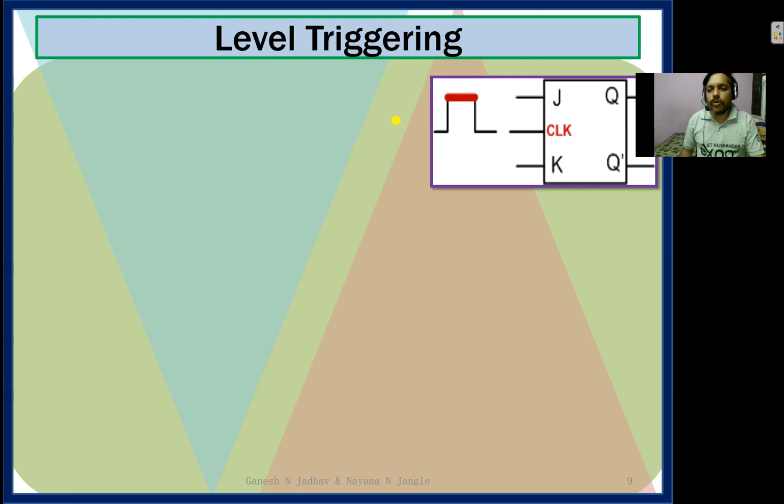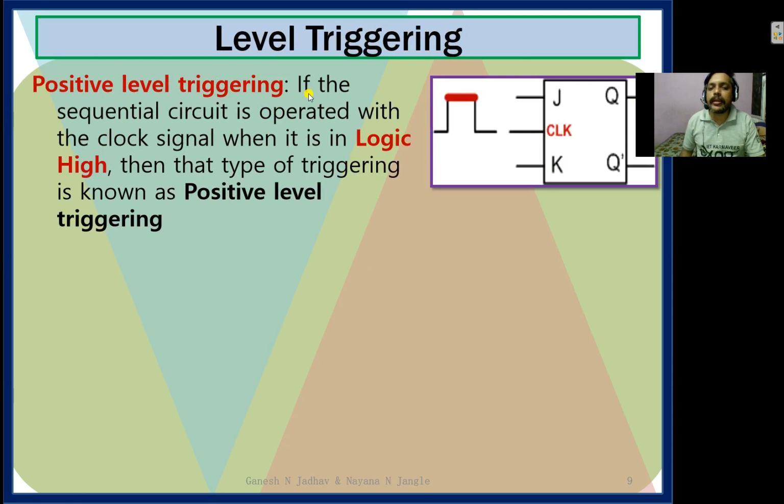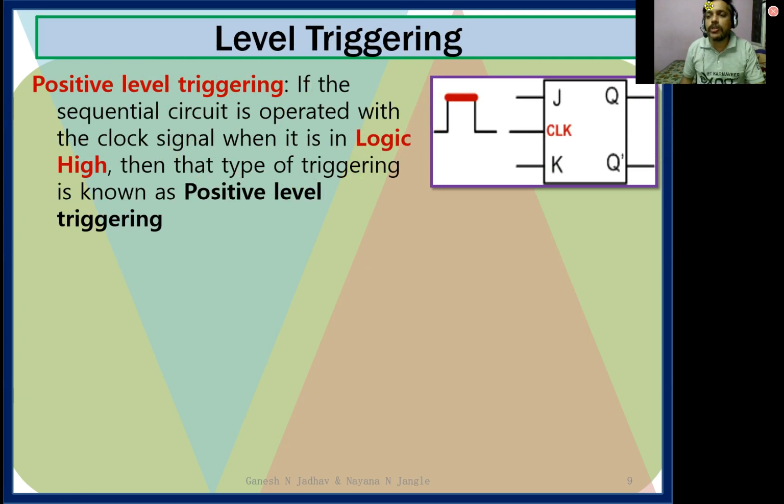Level triggering means the outputs have some specific level, either 0 or 1, or you can say either low or high. It is called positive level triggering if the sequential circuit operates with the clock signal when logic is high. So what is this positive level triggering?